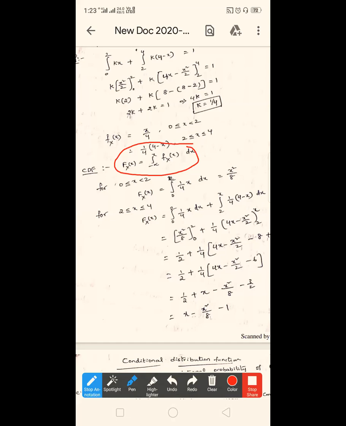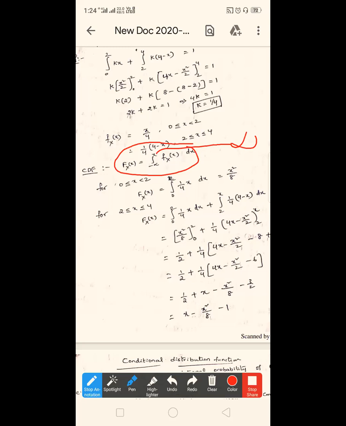If you put the upper limit as x, then only you will get the terms of x. Here we have to calculate the cumulative distribution function, so it must be in terms of x only. It should not be a numerical value. If you substitute infinity as the upper limit, you will get a numerical value, or you may get infinity as the answer, or you may get 0 as the answer.